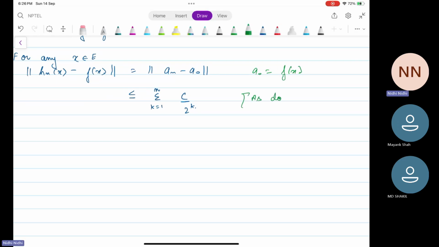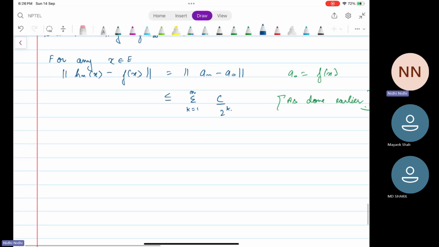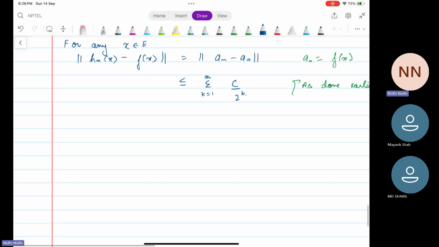As done earlier, and again taking n tending to infinity on both sides, on the left hand side this is just g(x) minus f(x). This will be less than or equal to the infinite geometric progression. We know that when the ratio is 1 by 2, this is c times (1 by 2) upon (1 minus 1 by 2).